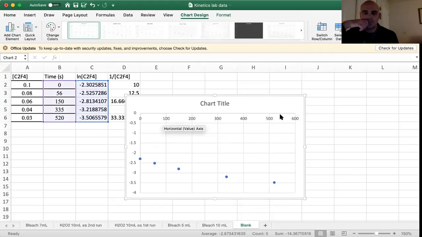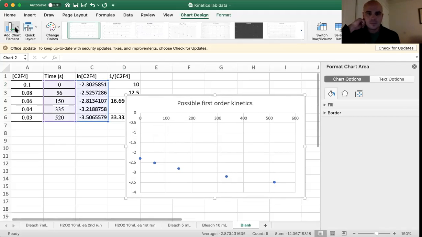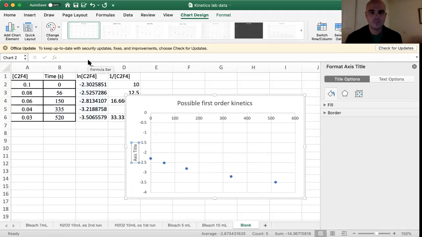Okay, and then I'm going to change this chart title so I don't lose track of what it is. So this is possible first order kinetics or some other title. And I'm going to put in my axes labels. Natural log. Delete the rest.